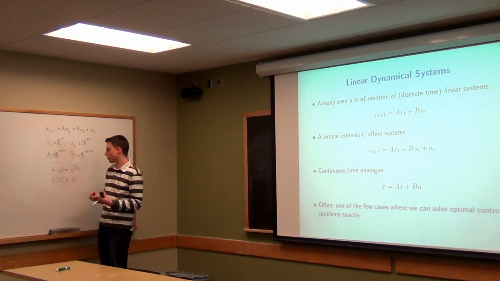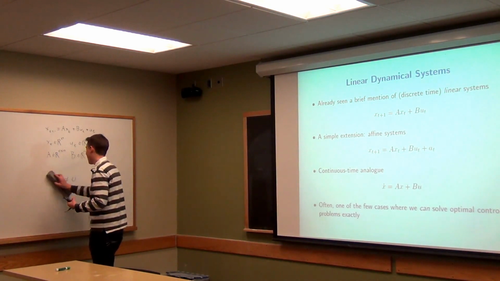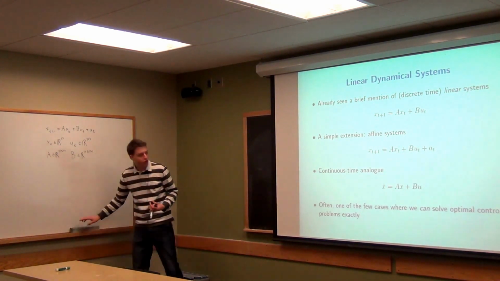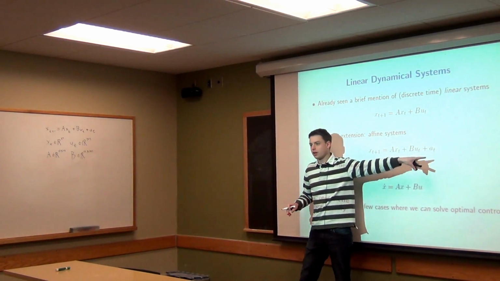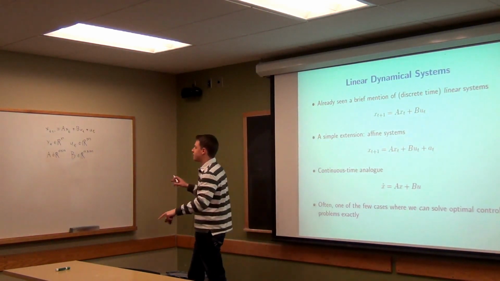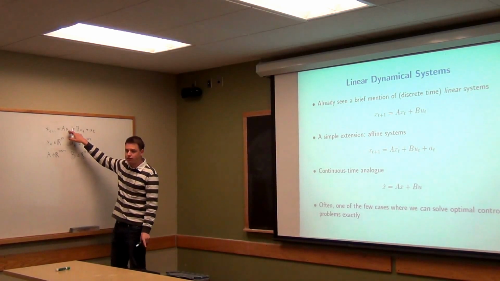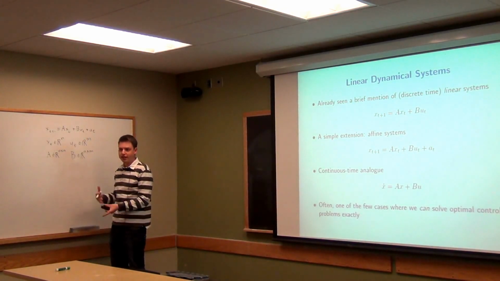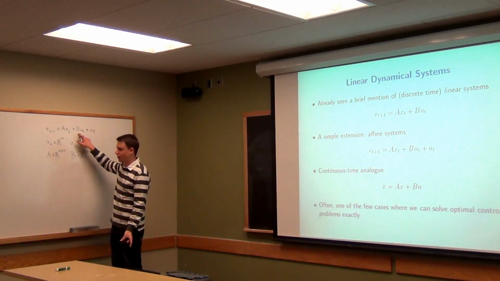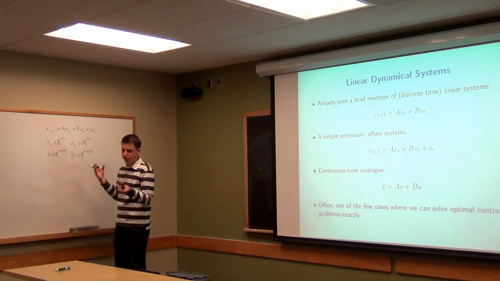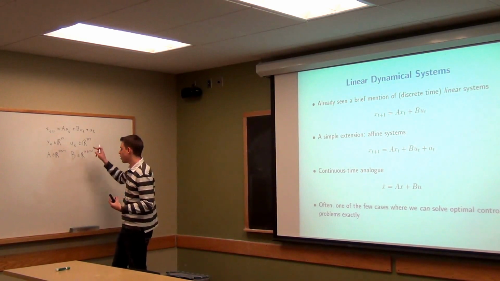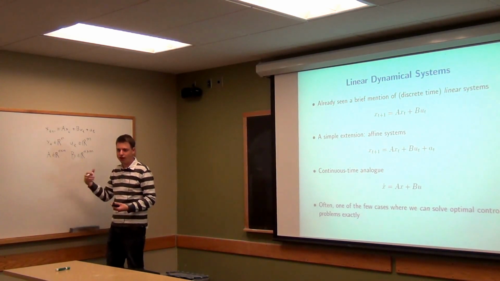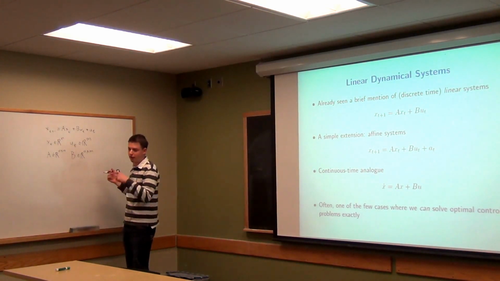So it's just a little bit of nomenclature in terms of what is affine versus linear. So one simple extension is these affine systems. And all that means is that if you have as your current state the vector 0, and as input the control action 0, you won't necessarily get 0 as your next state. You might get some constant amount a t.